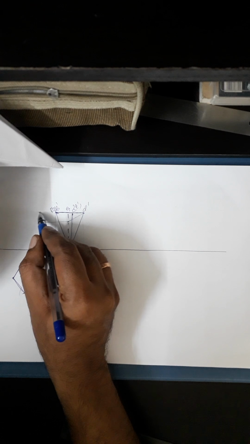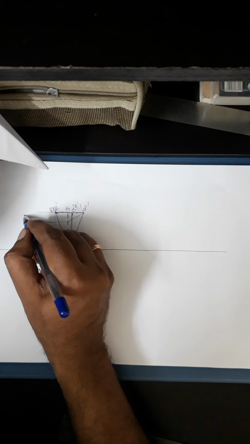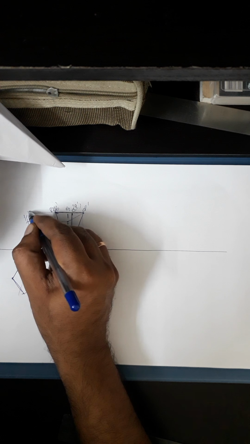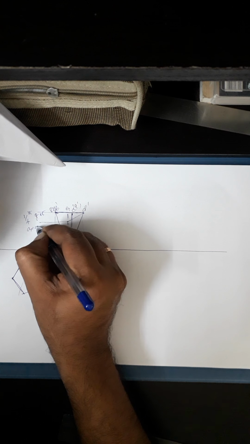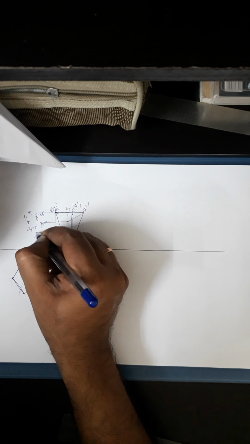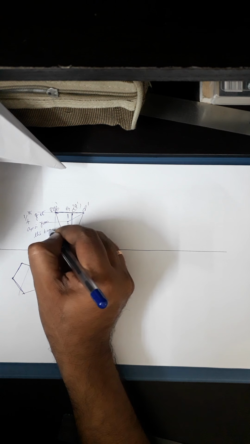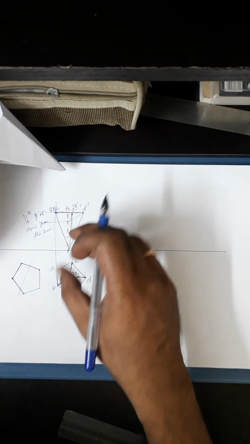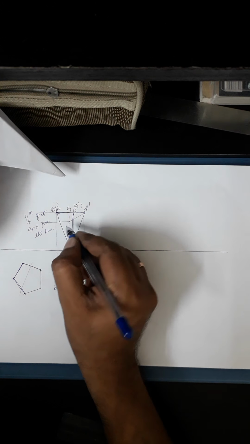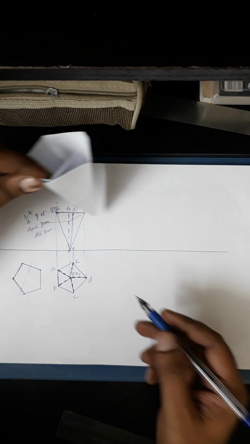This length should always be 1/4 of its axis from the base, not from here. So 1/4, if it is 80, it will be 20. If it is 60, 1/4 of 60, that is 15, right? Okay, so at 15 mm from the base.